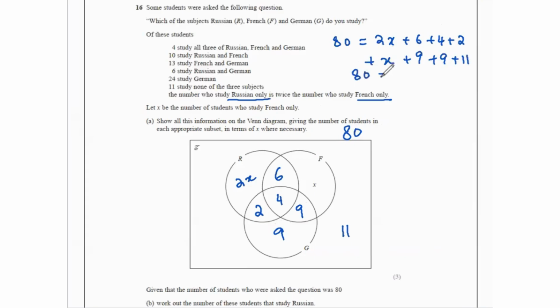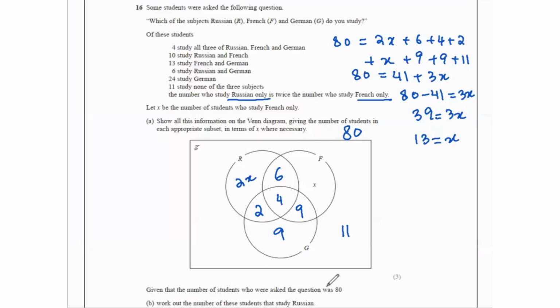That's 80 equals 6 plus 4 plus 2 plus 9 plus 9 plus 11, which is 41 plus 3x. 80 minus 41 equals 3x, so 39 equals 3x and 13 equals x, because 39 divided by 3 is 13.